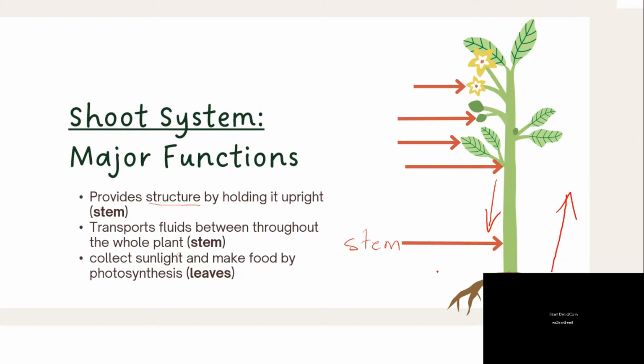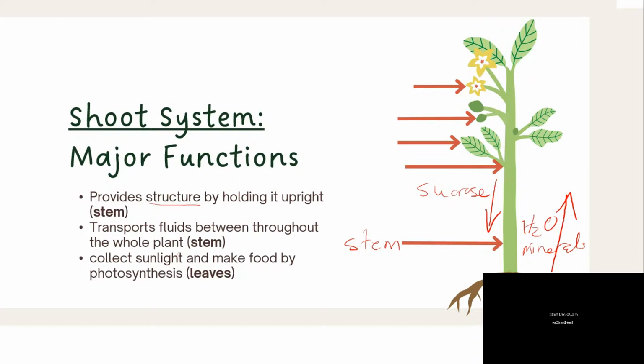For example, we talked about water and minerals, H2O and minerals. They need to be transported up the plant, whereas sometimes products of photosynthesis like sucrose need to be transported, sometimes to be stored in the roots. So the stem, or the shoot system, is the one which provides this.